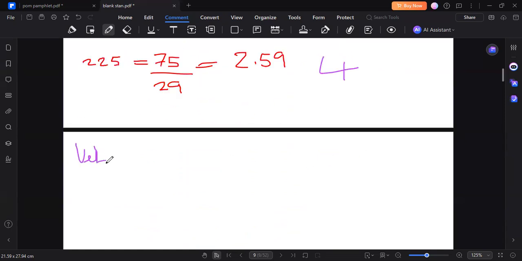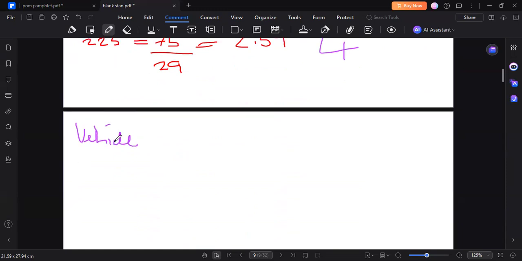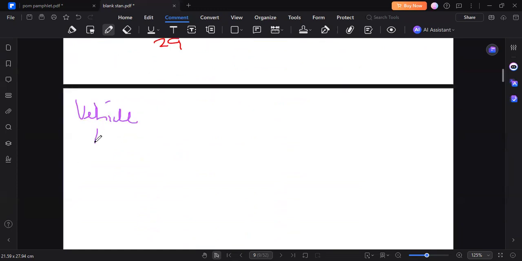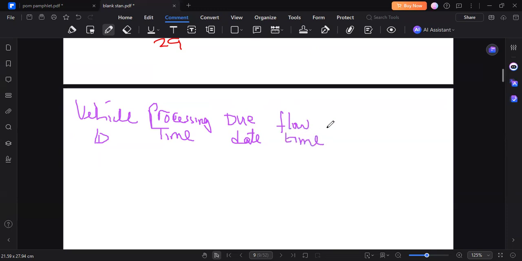So we are going to have the vehicle ID, then we go for processing time, due date, flow time, and job lateness.